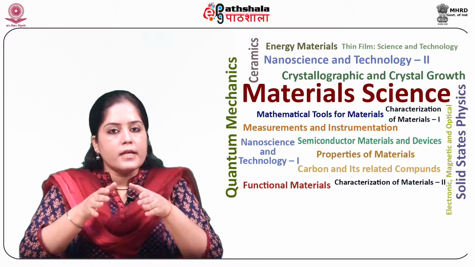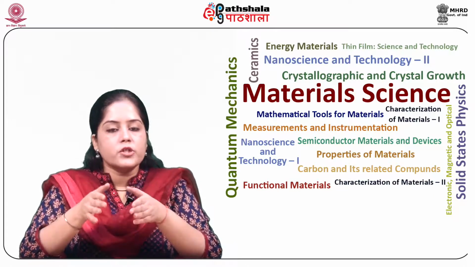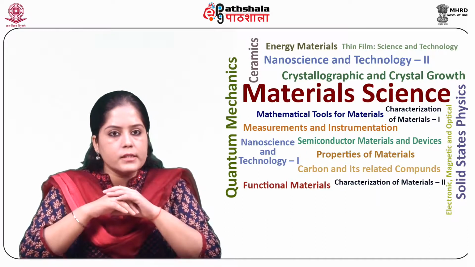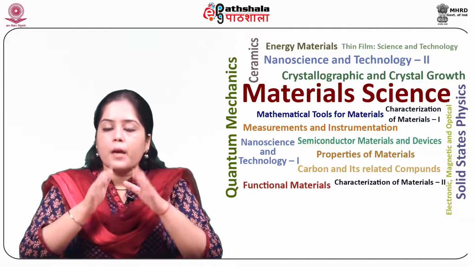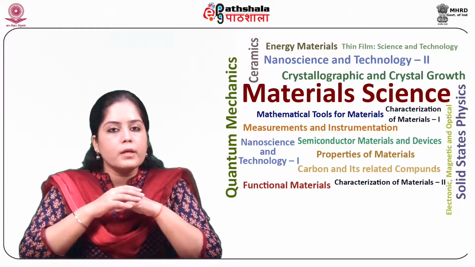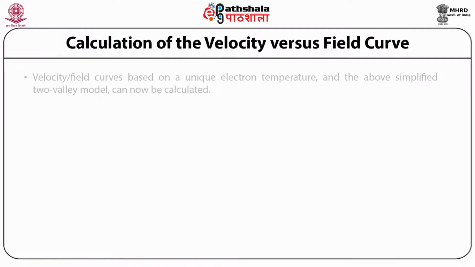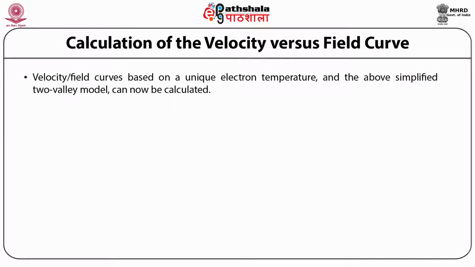So it is characterized by the energy relaxation time, that is tau E, and we can write e E V equal to 3/2 k (Te minus T) divided by tau E. Velocity versus field curves based on a unique electron temperature and the above simplified two-valley model can now be calculated.